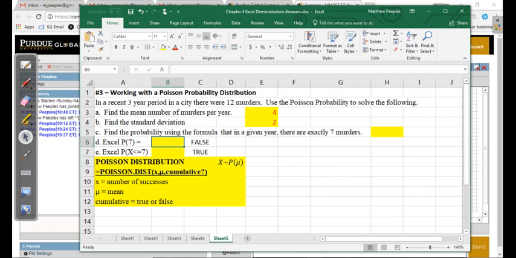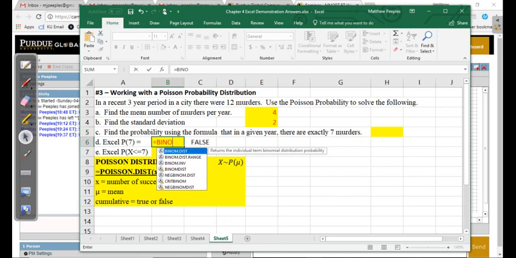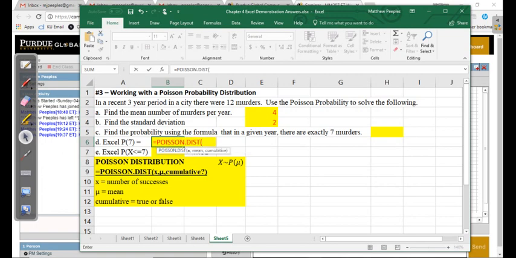So let's try this out. For 7, here's what this is going to look like. We're going to take our Poisson.dist. And so x in this case is 7, the mean number is 4, and we just simply want false in this case because we only want to have exactly 7 occurrences. So that probability is 0.05954.